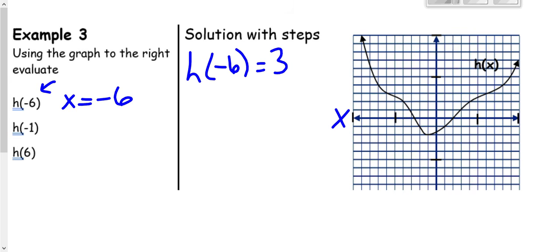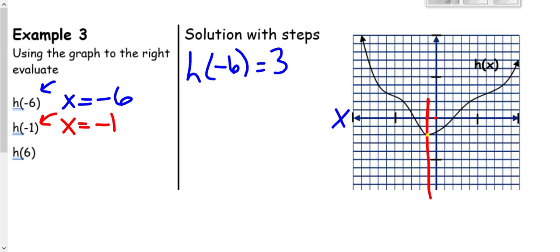So the second one says h of negative 1, which means that x is going to equal what? Negative 1. So I want to go, here's 0. Do I want to go to the left or to the right one space? We want to go to the left because we're talking about negative. So we're going to go to the left one space, and I'm going to look all along this vertical line for where the graph crosses.